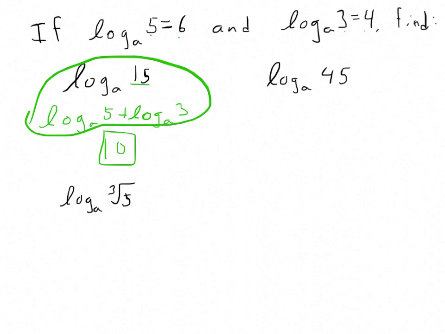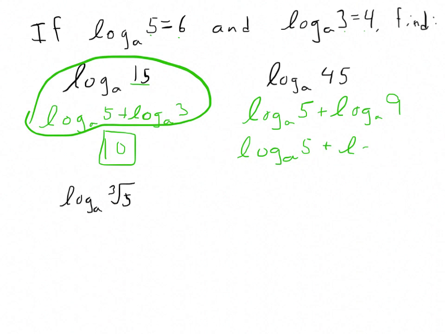The one to the right of that is a little bit more complicated, but not by a long shot. This is the log base a of 5 plus the log base a of 9, because 5 times 9 is 45. And then I'm going to use the power property.